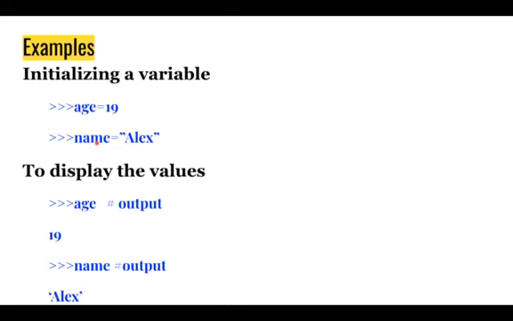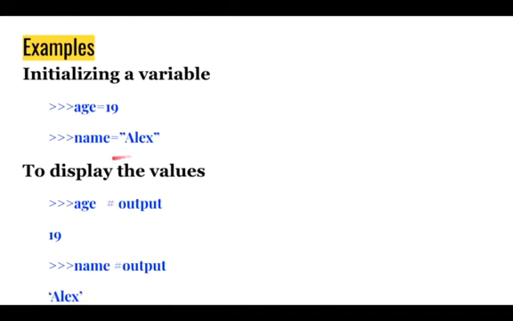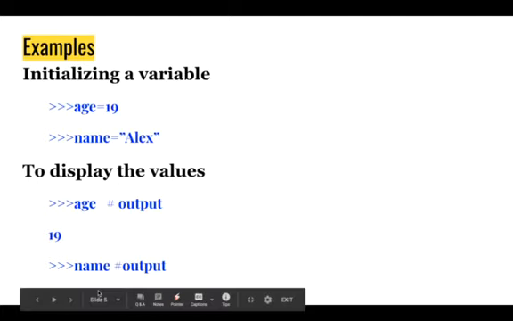The values of these variables can be displayed using this method: at a prompt you can give just age to display the output 19. For name, to display the name we have stored in the name variable, you can just type name and that will display the output as Alex.